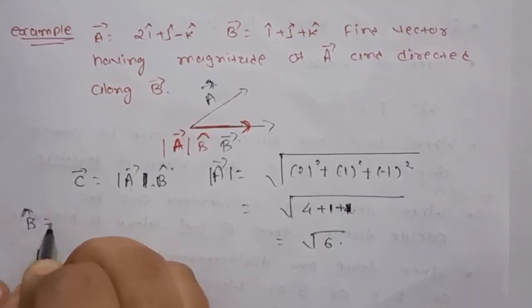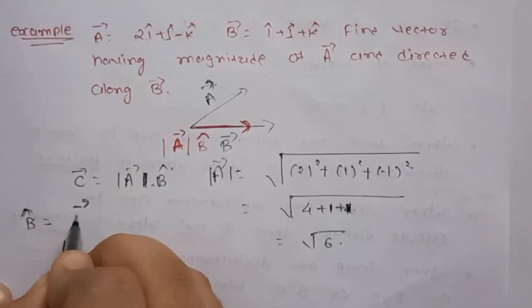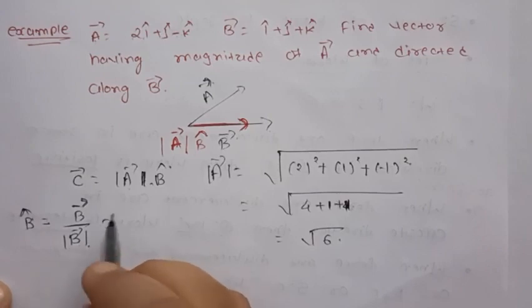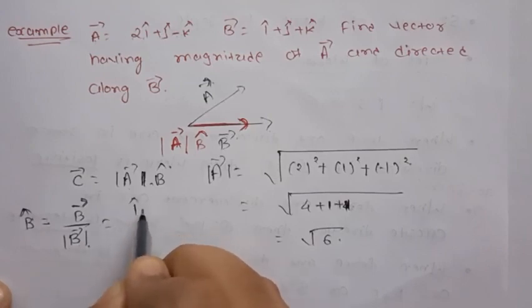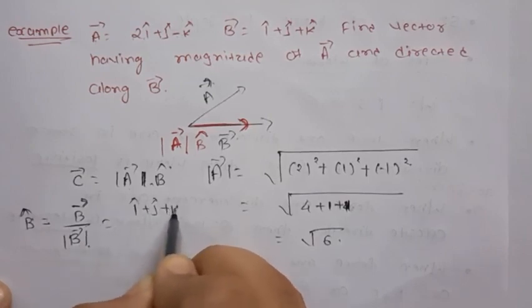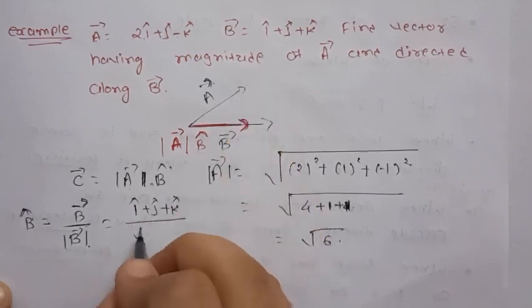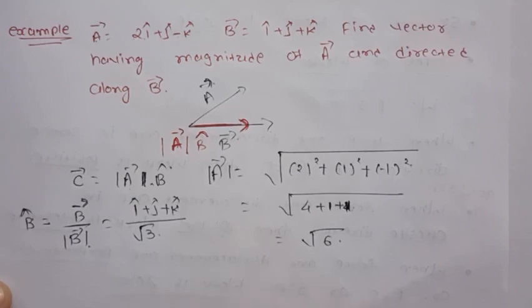Now B cap, the unit vector along B, is given by vector B upon magnitude of B. The vector B is i cap plus j cap plus k cap, divided by its magnitude, which we have just found, root 3.